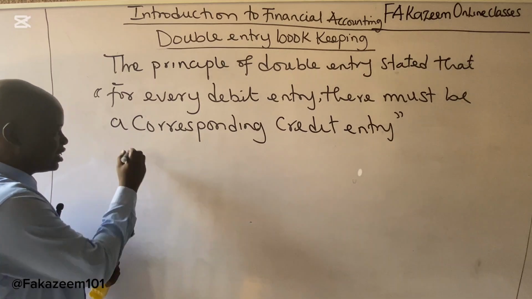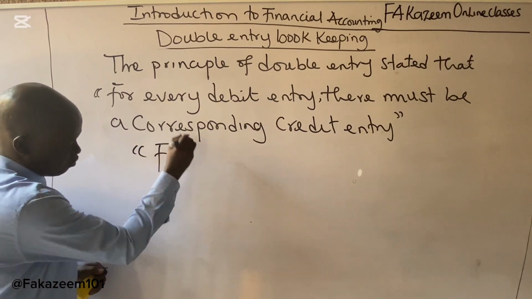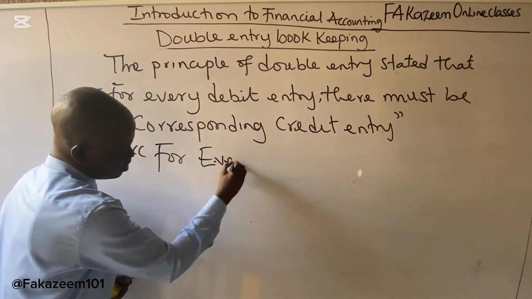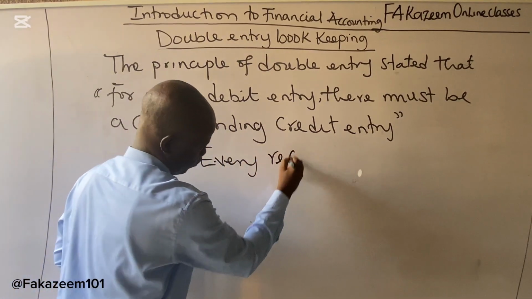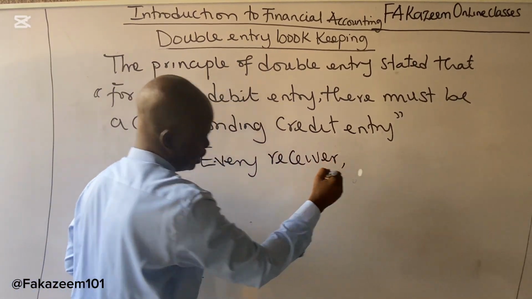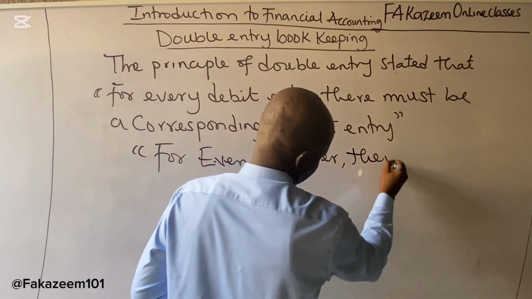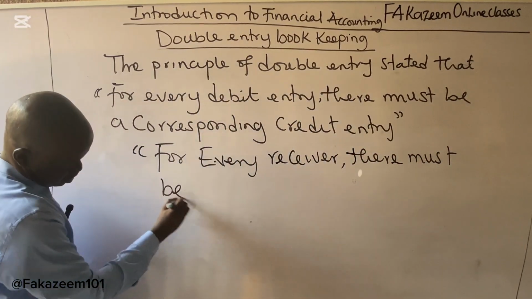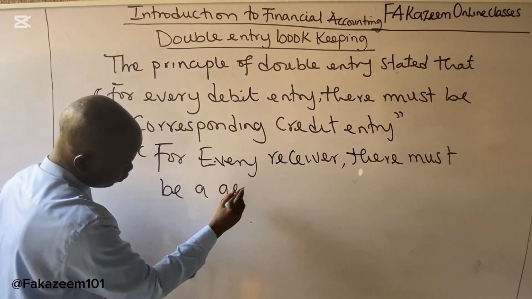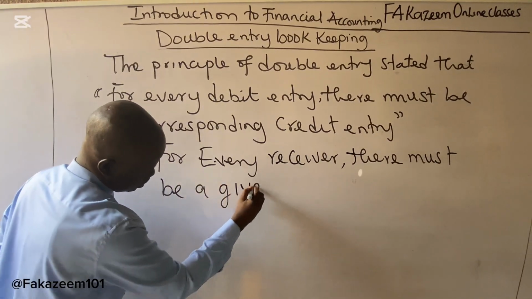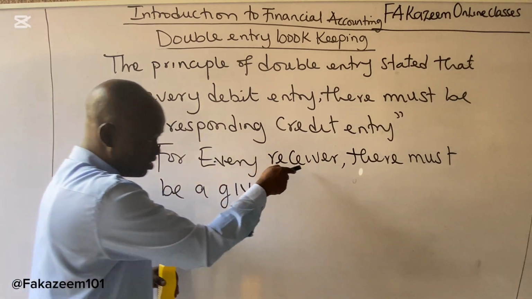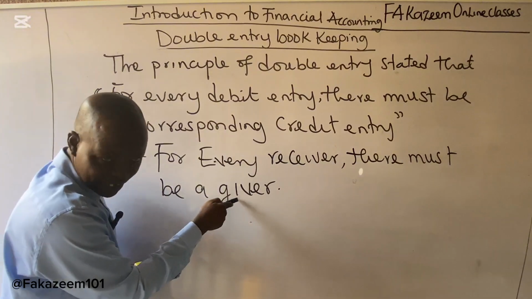What does this mean? It means for every receiver in business, there must be a giver. In every transaction, for you to have a receiver, you must also have a giver.